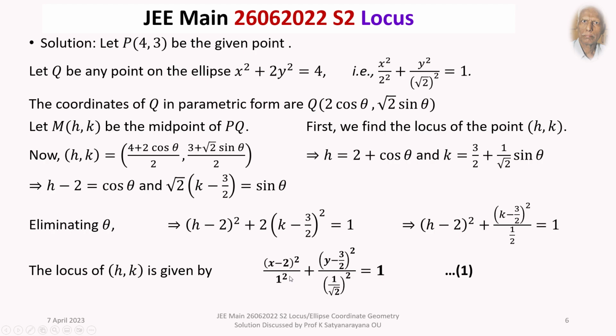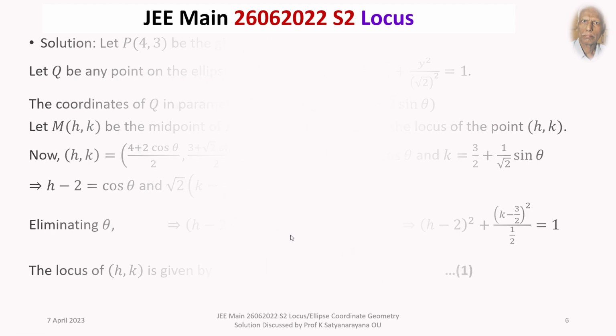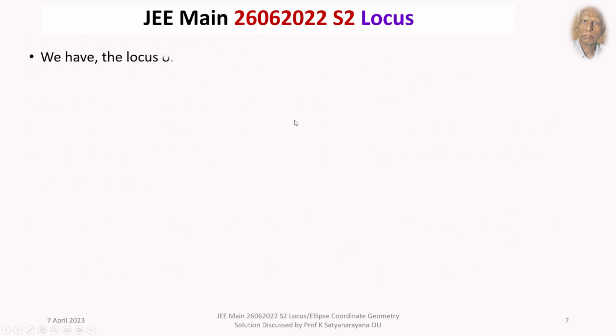So right, we continue in the next slide. We have the locus of (h, k), which we have seen in the earlier slide: (x minus 2) squared by 1 squared plus (y minus 3 by 2) whole squared by (1 by root 2) squared is equal to 1.